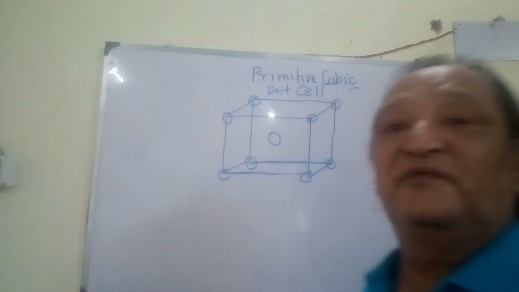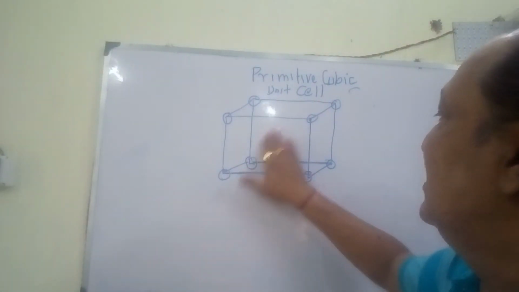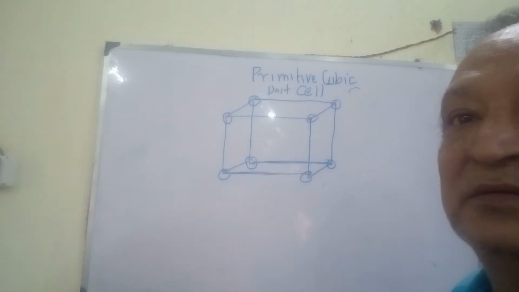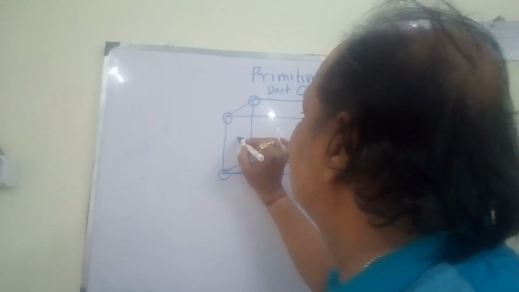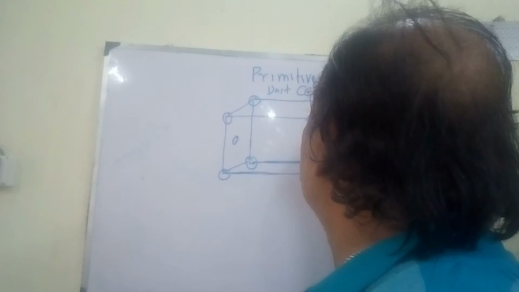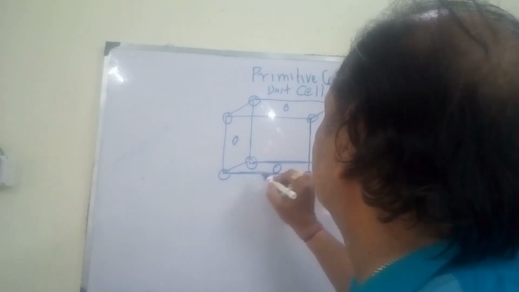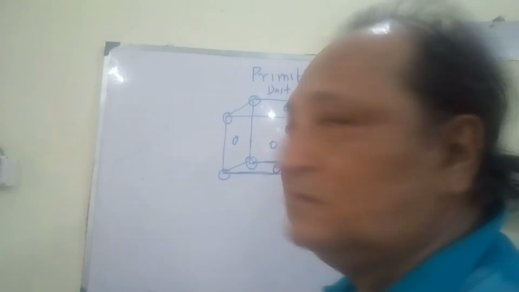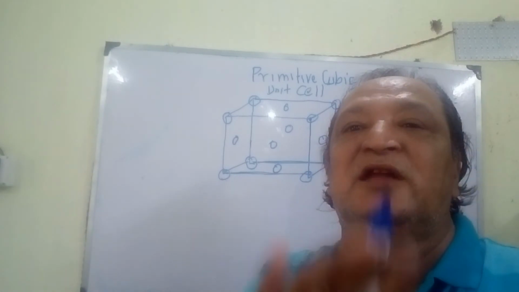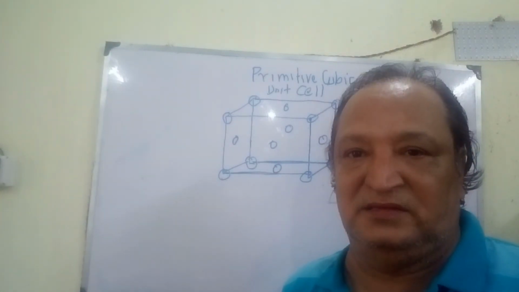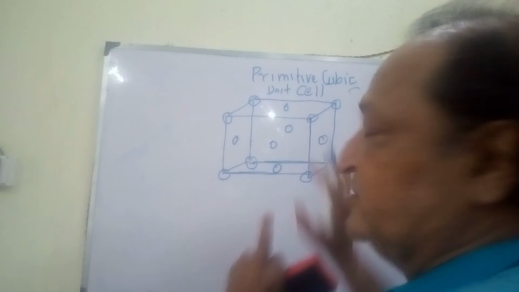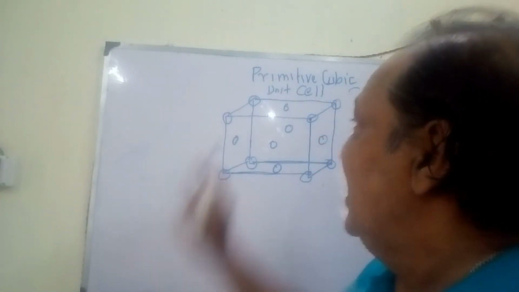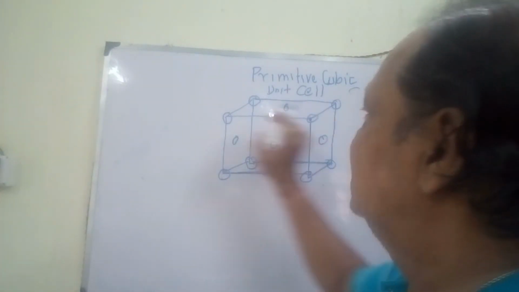Now, face centered cubic unit cell has 8 atoms at the corners in addition to 6 atoms in the 6 faces. We know that in a cube there are 6 faces.